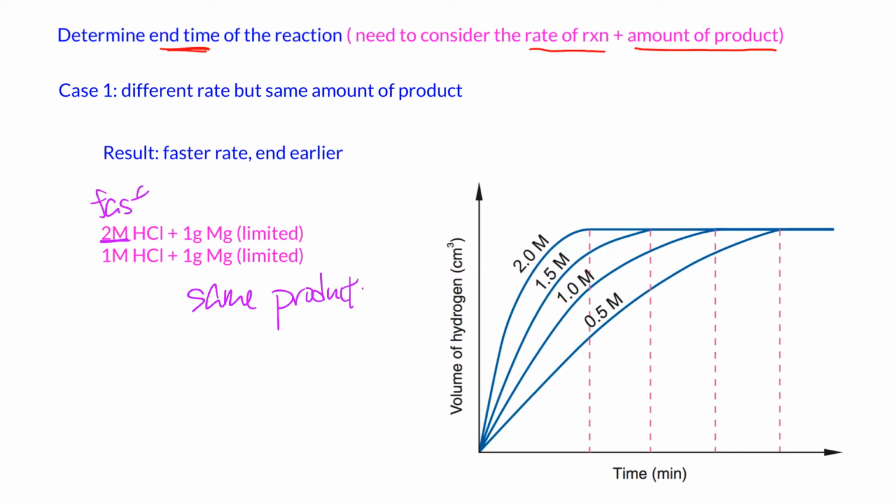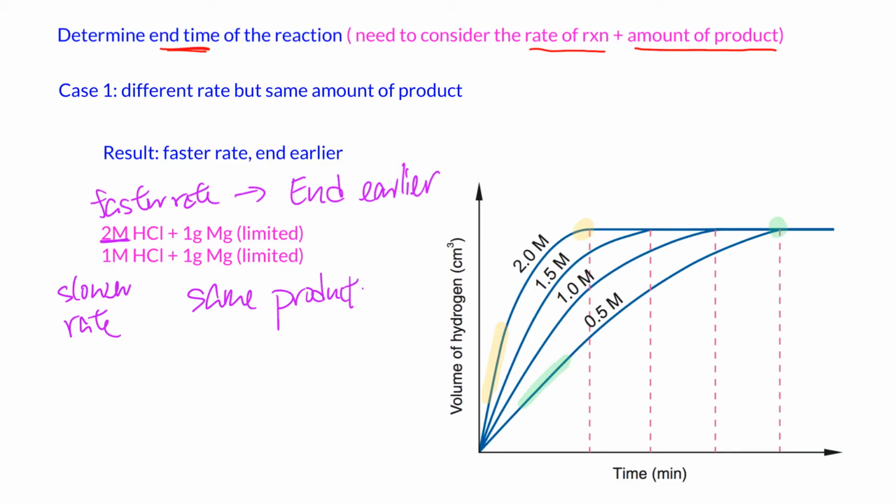That means this one is the faster rate, and this one is a slower rate. The faster rate has to produce the same amount of product, so of course this one will end earlier. So you will see that the faster rate ends early, the slower rate ends later.